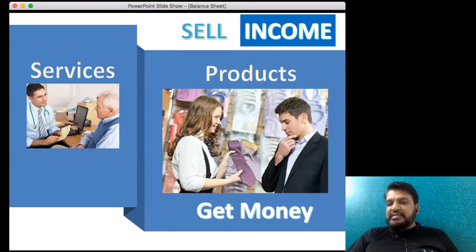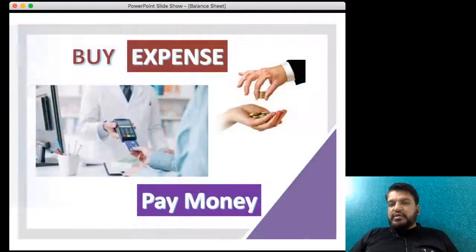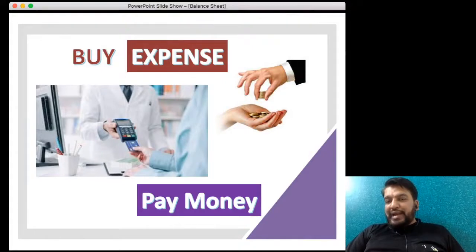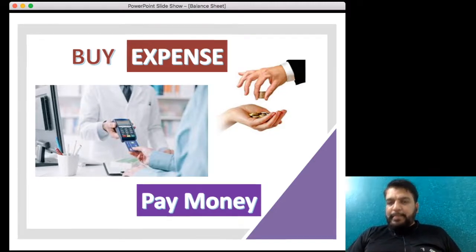It's still considered income. Now, the opposite of that is an expense. If the company buys something, it could be a product or a service, and pays money in return, that is called an expense.